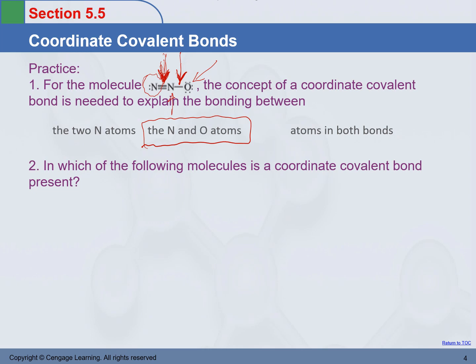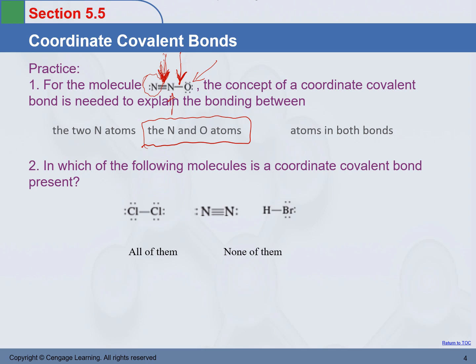In which of the following molecules is a coordinate covalent bond present? Okay, follow the procedure we just used for question number 1. Look at how many bonds each of the atoms involved normally forms, and check if it does have that number of bonds or not.